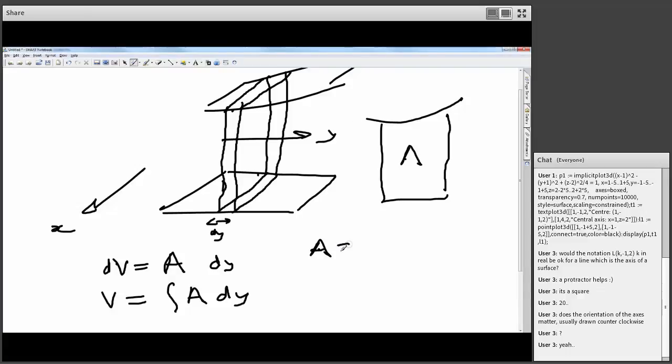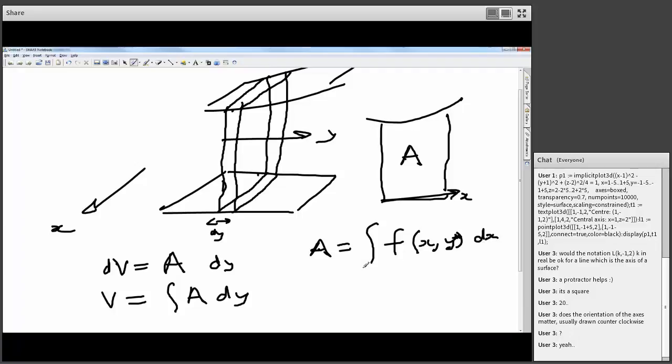Being an area under a curve, it would be another single integral of the value of the function at x, y, where these are different x values. So the y here is fixed. Let's put a little star here to say that we're fixing the y value temporarily. Therefore, we're summing over small different bits of x.